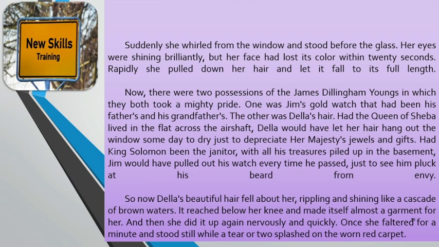For the next slide, the important word is rippling. Rippling has something to do with flowing in small waves, on oceans, on rivers, and many other bodies of water. Then we have the word cascade.